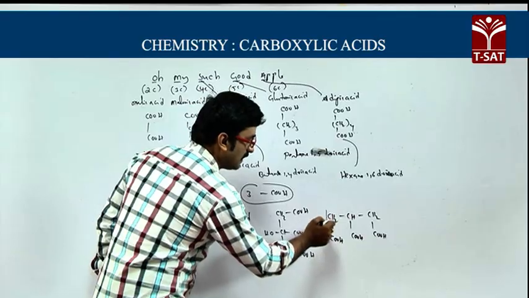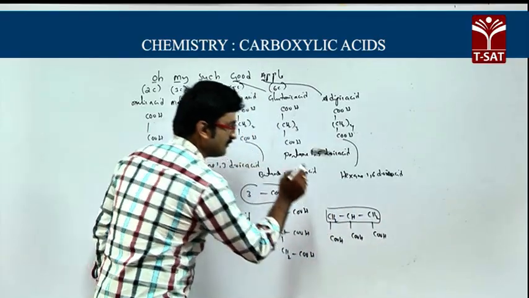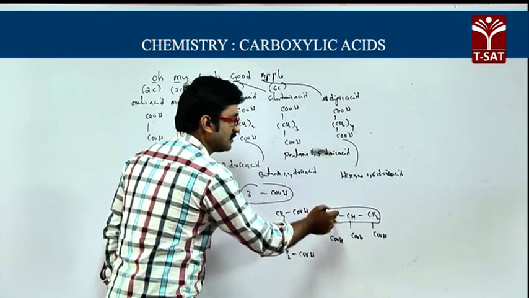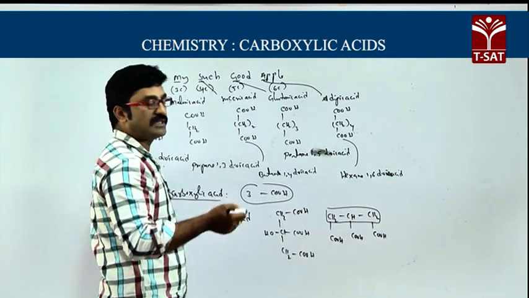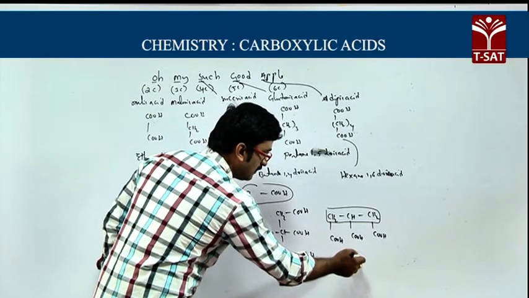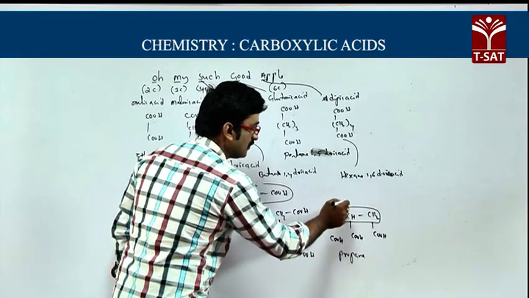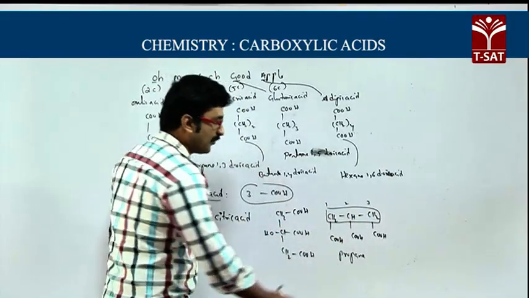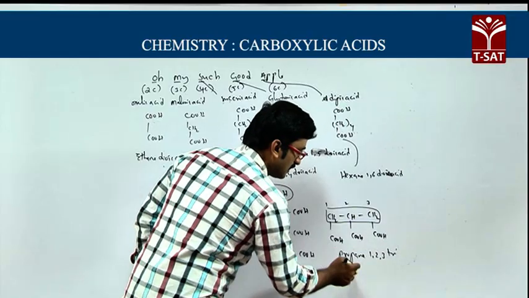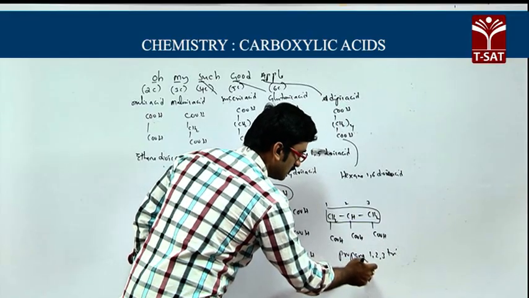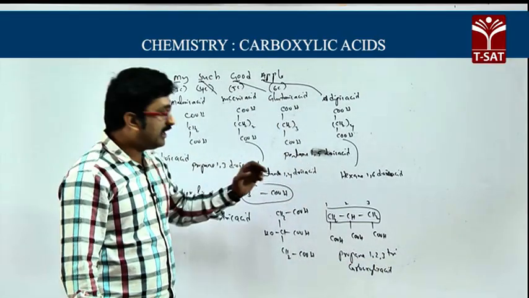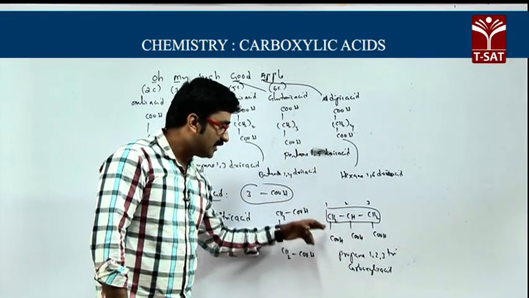So for example, here this will be the parent chain: CH2, CH and CH3, the chain which contains 3 carbons. What is the name? Propane. So therefore propane, and numbering 1, 2, 3. Propane 1, 2, 3 tricarboxylic acid. In this case, we have not included the carbons of COOH in the parent chain.